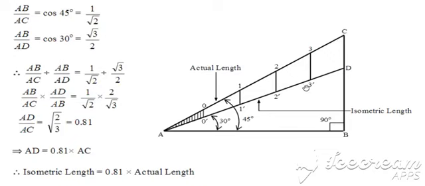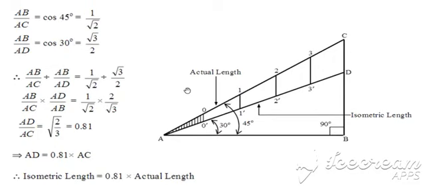Hence this is known as the isometric length and this is known as the actual length. So the isometric length is the reduced one as it is drawn at the angle of 30 degrees and it is reduced by the factor 0.81.